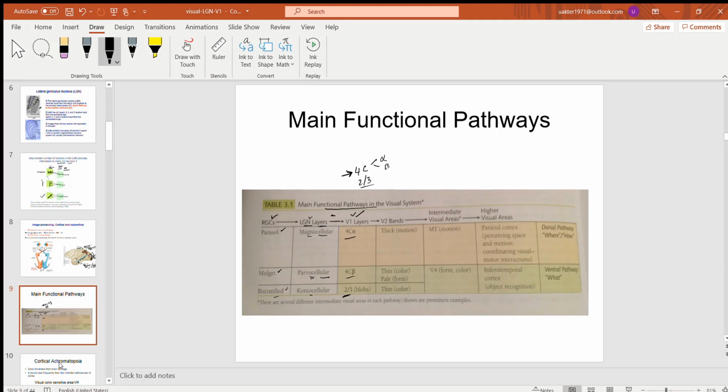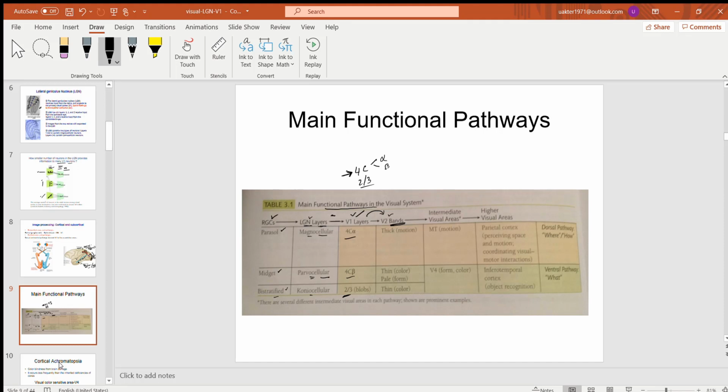Now V1 sends signal to V2, and V2 has 3 different types of bands, and those bands receive signal from the V1 neurons. What are those 3 bands in V2? Thick bands, thin bands, and pale bands, okay?